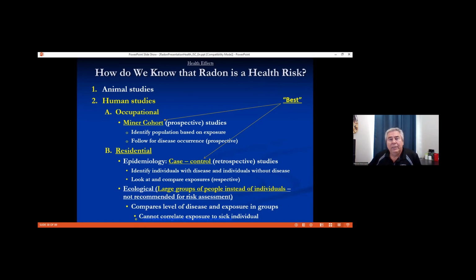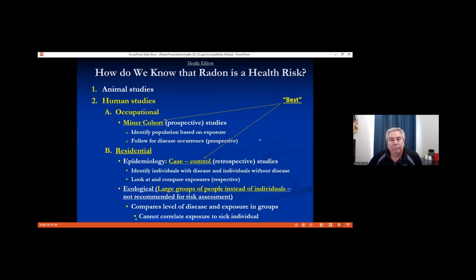A cohort study essentially, and a lot of them were done with miners, where an individual is exposed to something that causes cancer, and you follow him through his entire life to see if he gets cancer in 20, 30 years from now. That's a cohort study. A case control is somebody that has cancer, and you back up in his life to see where he could have gotten that cancer from. So that's a case control.